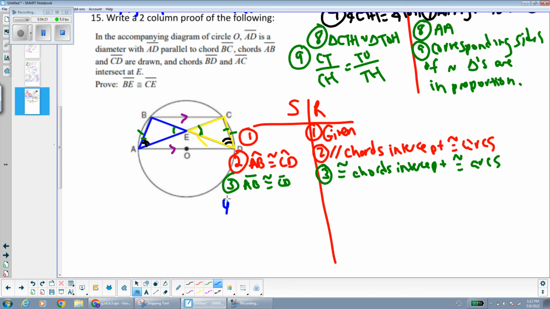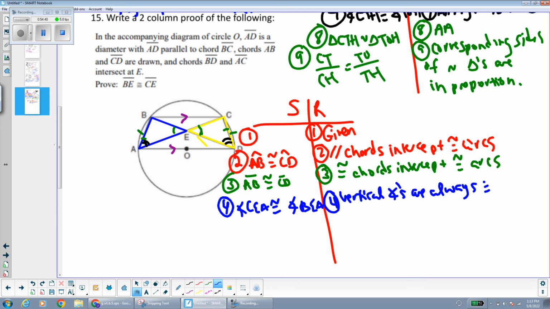Then for our first pair of angles, we use the vertical angles. That's angle CEA congruent to angle BEA. And I'm going to write here vertical angles are always congruent.